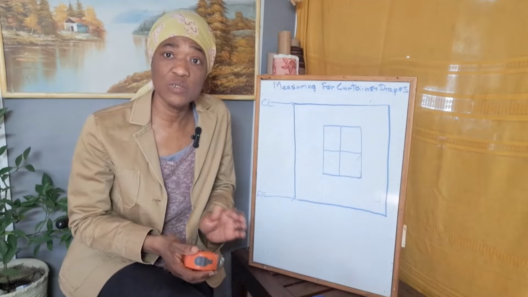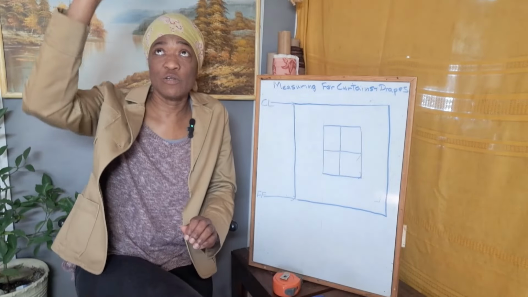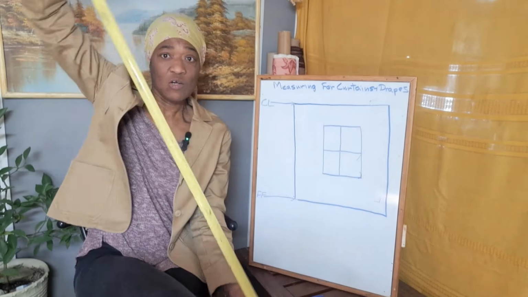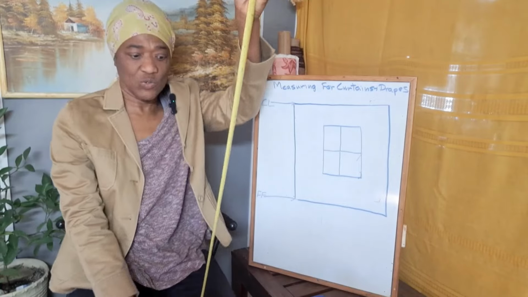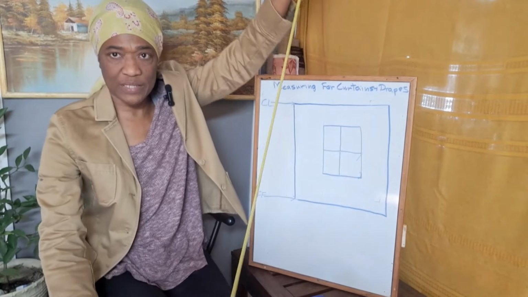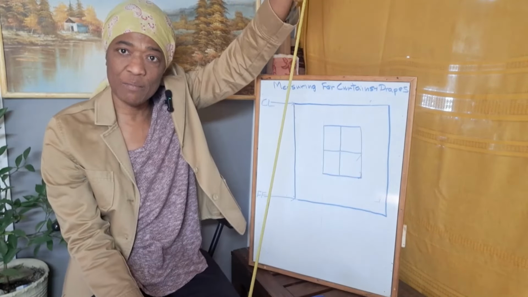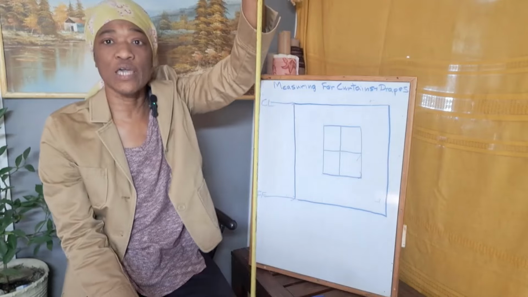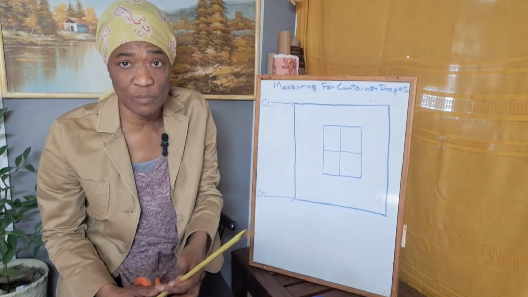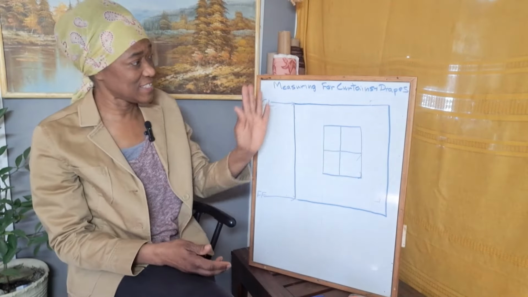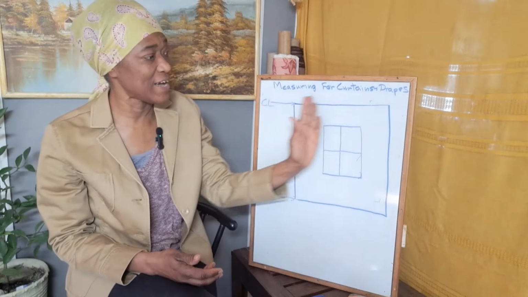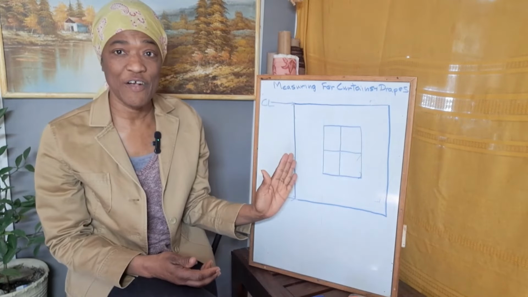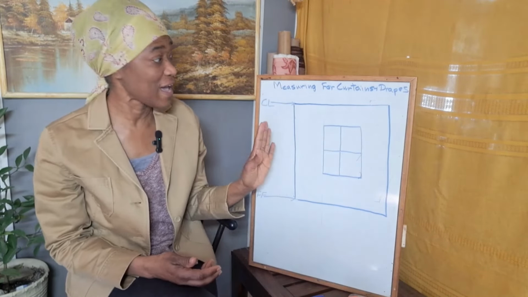Number two is you're measuring from top to bottom. Go like this. So you take it down. So the measurement that you need will be at the bottom so that you don't have to be looking up for your measurement.